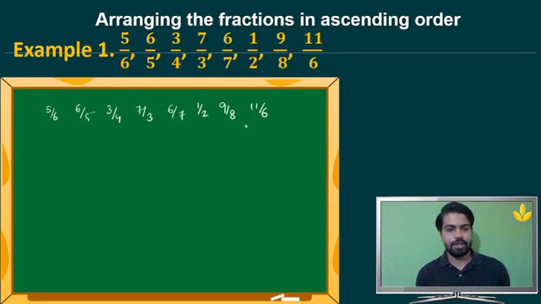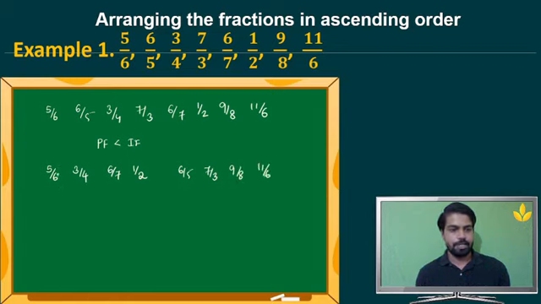As all are positive fractions, and I told you proper fraction is less than improper fraction, let us classify them into proper and improper. So 5 by 6, 3 by 4, 6 by 7 and 1 by 2 are proper fractions. Whereas the improper fractions I'll write after the proper fractions because they're greater: 7 by 3, 9 by 8, and 11 by 6.